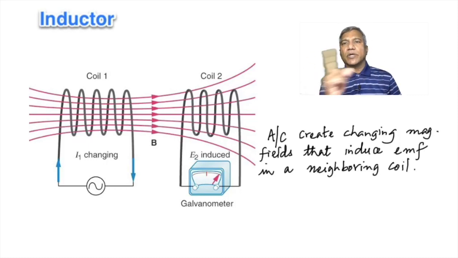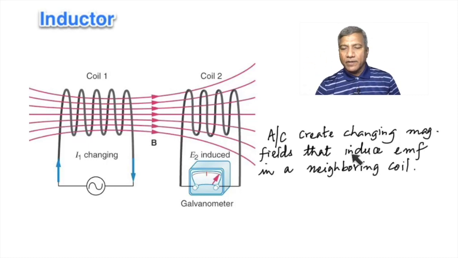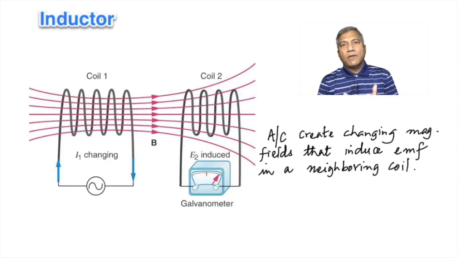It will keep going left and right. So I've written: alternating currents create changing magnetic fields that induce EMF in a neighboring coil. This is the idea of an inductor. So a coil is an inductor. And you can increase the inductance of a coil by having a larger number of turns, and also by using an iron core.